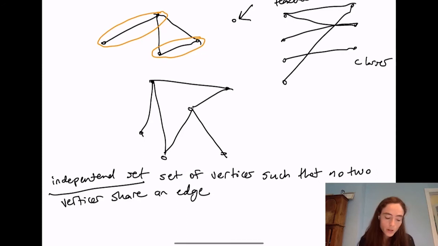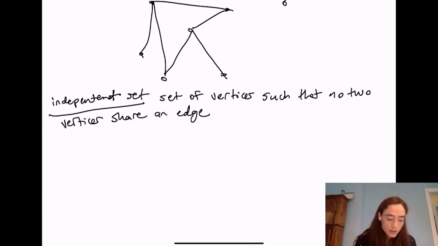So we often want to find the maximum sized independent set. So that's just the maximum number of vertices such that there are no edges between those vertices.